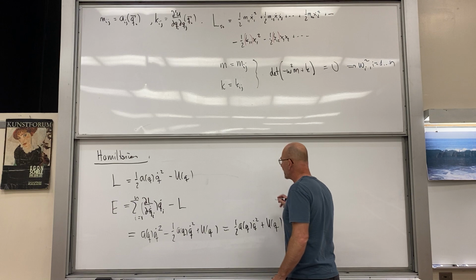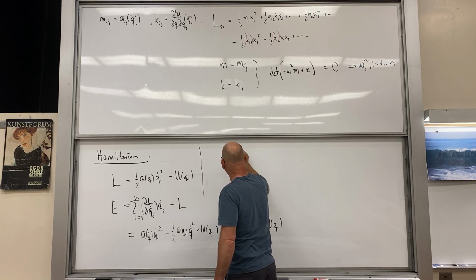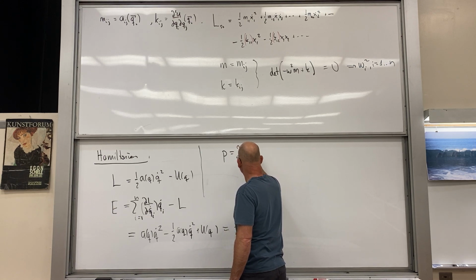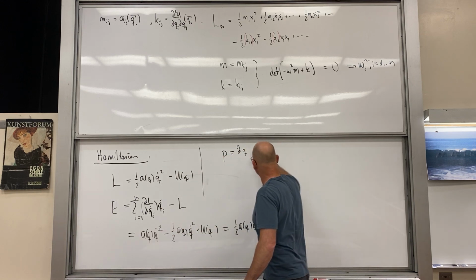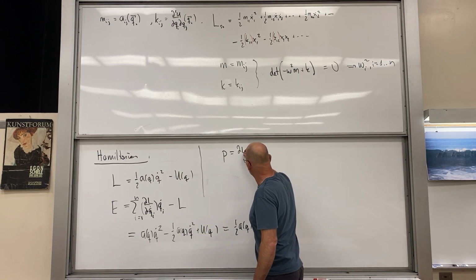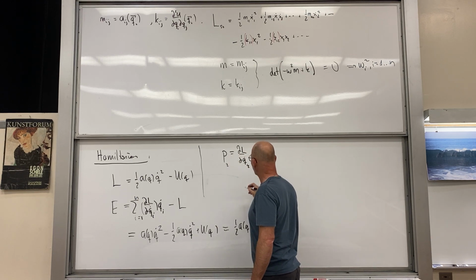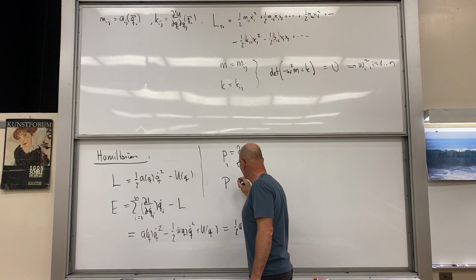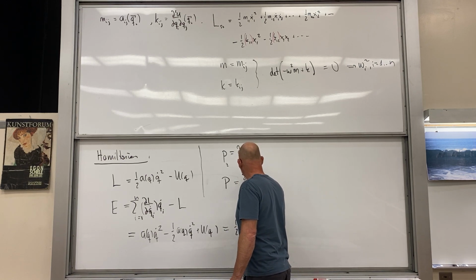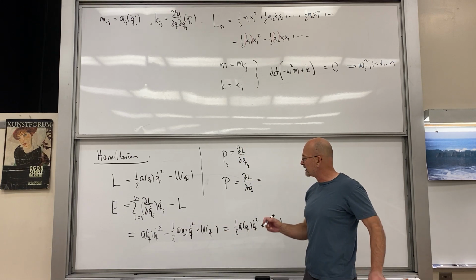because what we also have is P equals dL, P is equal to partial L with respect to Q dot. In our case, P is equal to dL/dQ dot, what I just had written down, A of Q times Q dot.